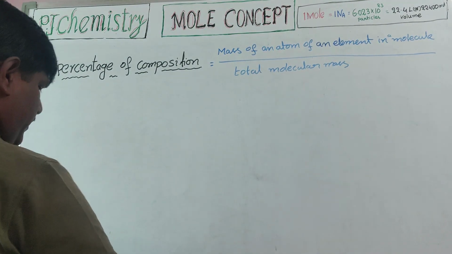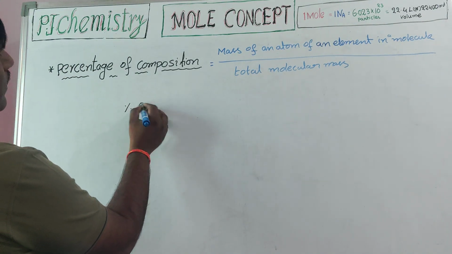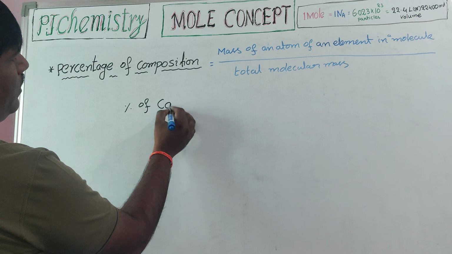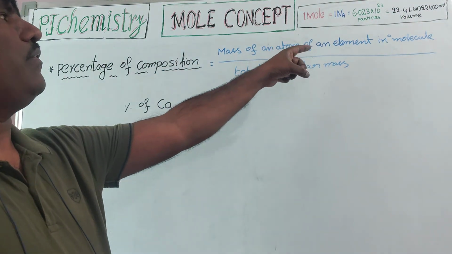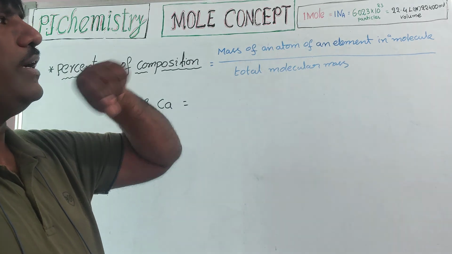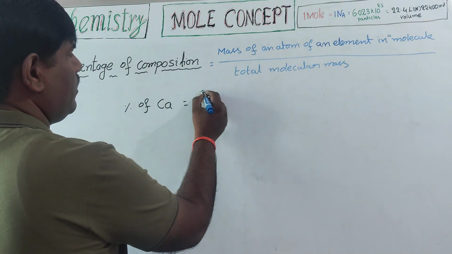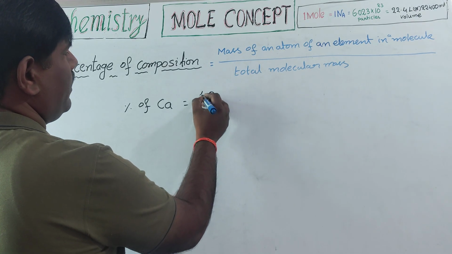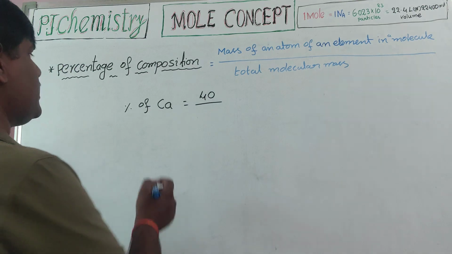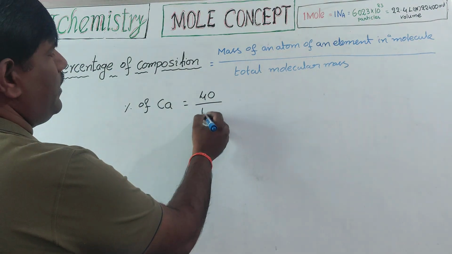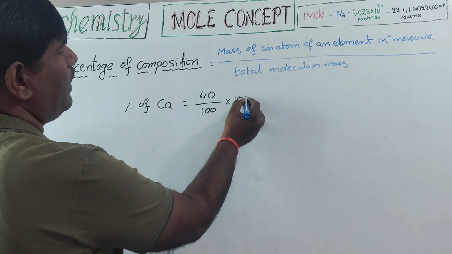Percentage of calcium from calcium carbonate. Immediately, formula: mass of an atom of an element in a molecule. In a molecule, calcium mass 40 by total molecular mass. Molecular mass means calcium carbonate molecular mass, which we got as 100, into 100.